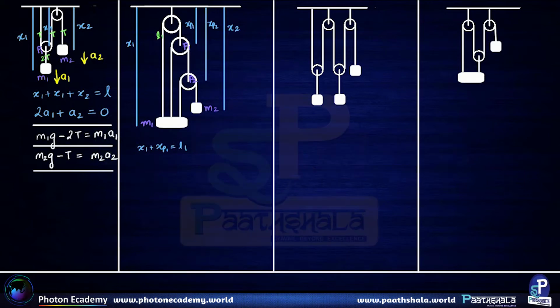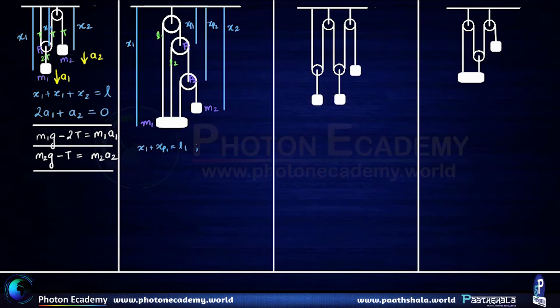Similarly, for string 2, which has a length L2, I can write down x1 minus xp1 plus xp2 minus xp1.